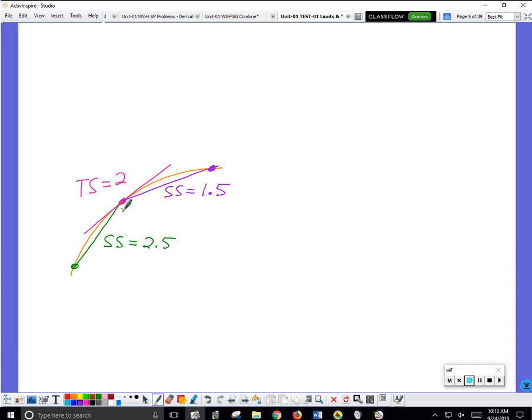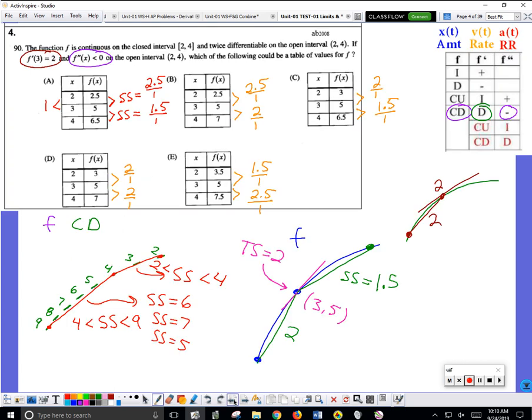I just don't understand the two. Hold on a second. Please. So I get why it's A now, but I just want to know, is there a correlation between the difference of the secant slopes? Does that have anything to do with why A is the right answer? Because for B and C, the difference of the secant slopes is 0.5, but on A it's 1.